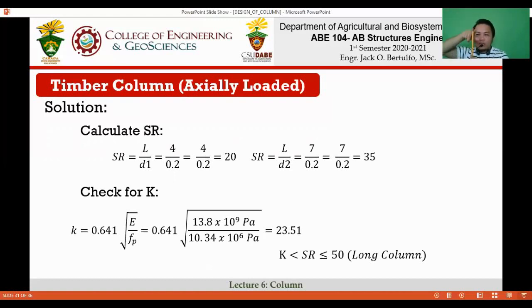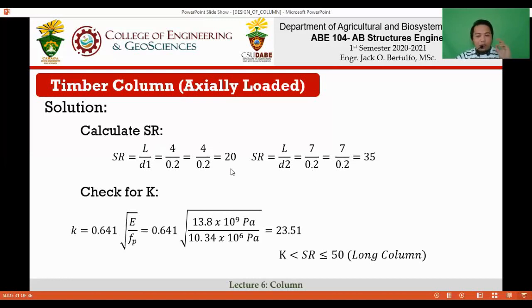There is no support relative to that axis. The support is only within that axis. But if we rotate it and look at this part here, then the total unsupported span is 7. But the least dimension has no change. It is only 0.2.